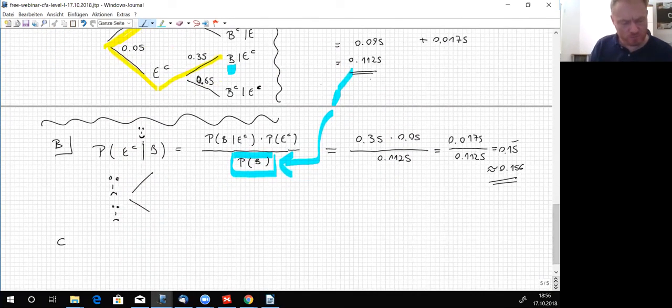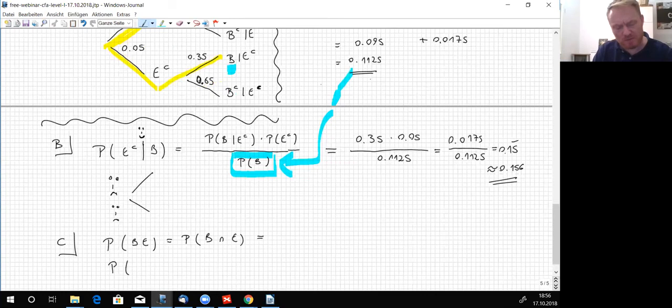So B and E, the probability of B and E happening at the same time can be computed somehow. And of course, the probability of B multiplied by the probability of E can be computed as well, which is easier. So let's do it first.